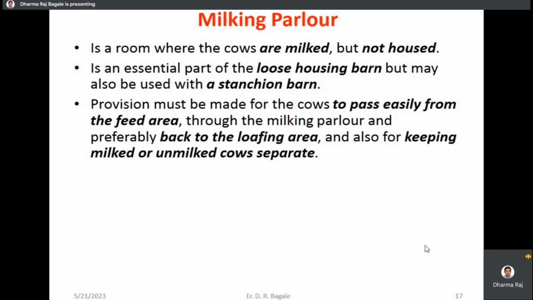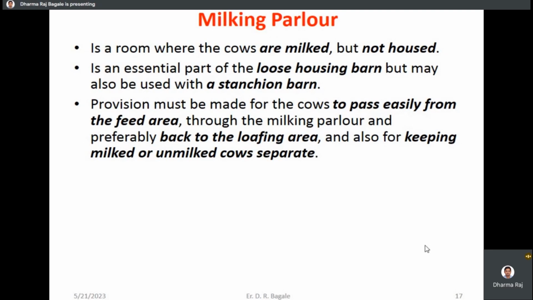And here in the loose housing system, the animals are usually moved in a separate house. Usually the practice is that after providing feed, from this feeding area you will bring animals one by one to the milking room.